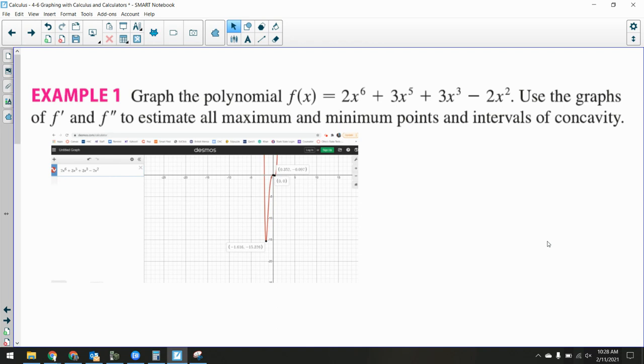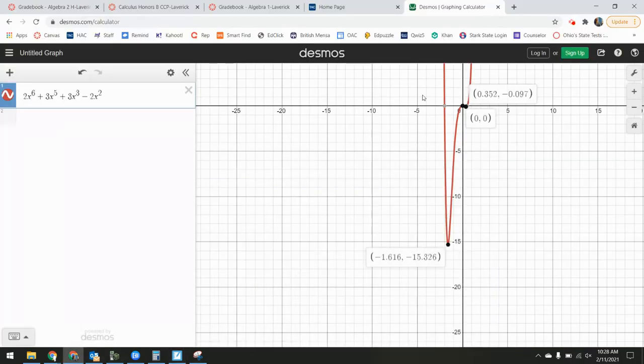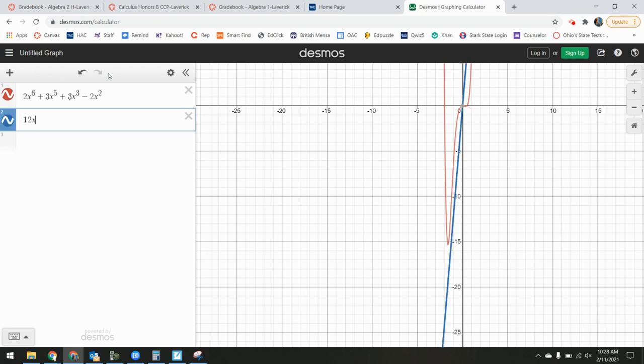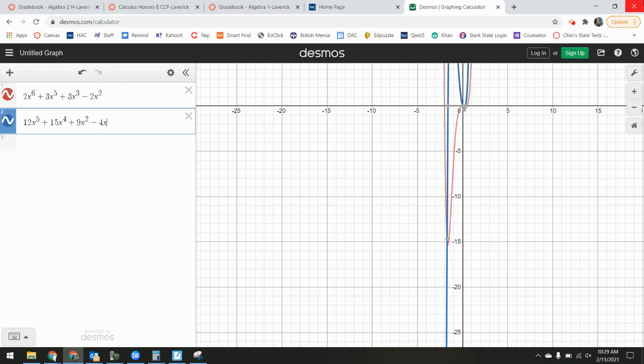Now, let's graph those. Let's graph them one at a time and see what happens. Now, I'm going to leave that function there. So to get a new function to graph, I'm just going to enter down. And now let's graph f prime. 12x to the 5th plus 15x to the 4th plus 9x squared minus 4x.